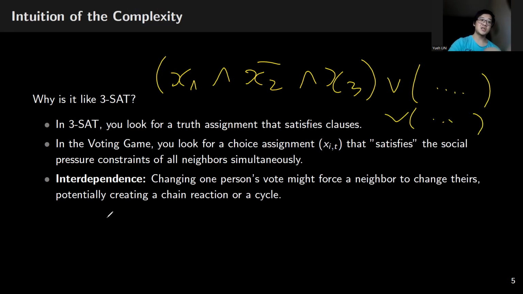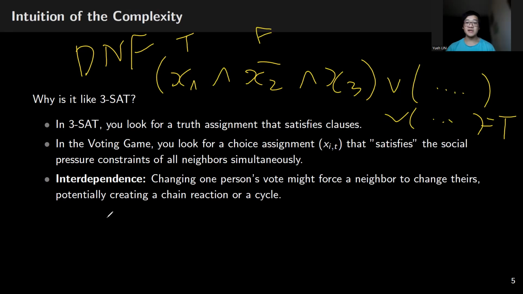This is a Boolean expression in normal form. The objective is to find an assignment, where x1 is true or false, x2 is true or false, etc., that makes the whole expression true. We're asking ourselves whether this kind of assignment can exist.